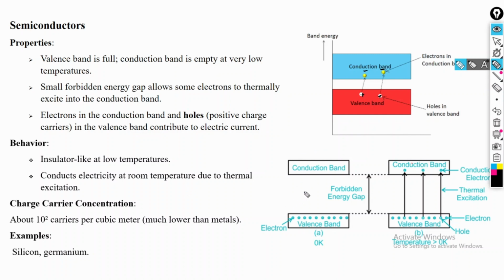A charge carrier concentration of about 10 power 2 carriers per cubic meter will be present for the transfer of heat and electricity. Examples of the semiconductor include silicon and germanium.